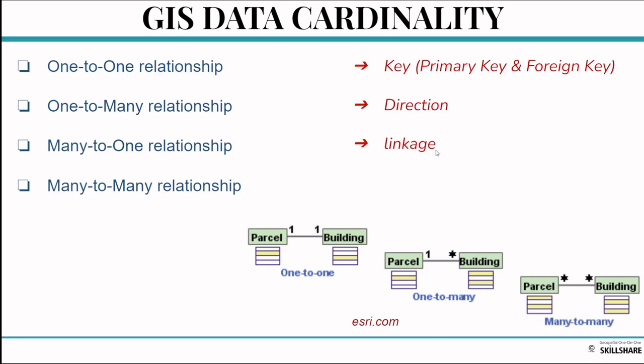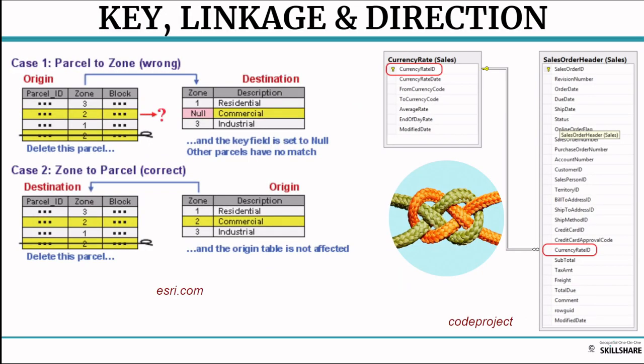If you understand these three concepts, which I'll go into a little bit, enough for you to understand this topic, but you are free to dive deeper. And maybe when we are dealing with databases, we'll talk in more detail about keys. Now the key, the linkage, and the direction is what I want to focus on at this point.